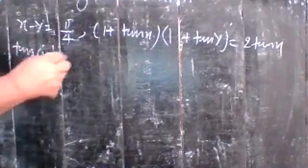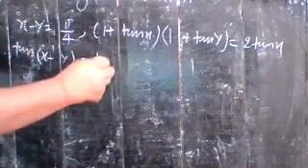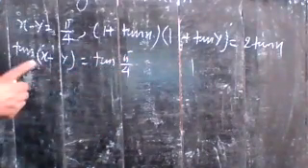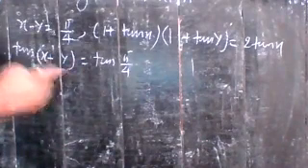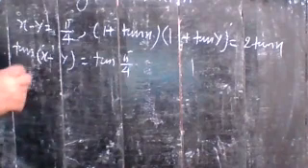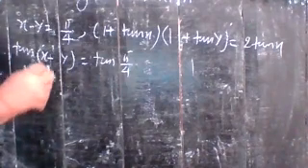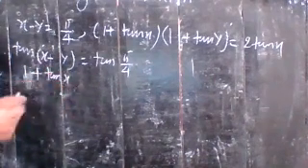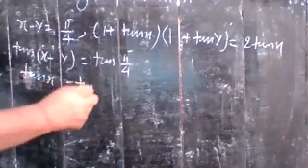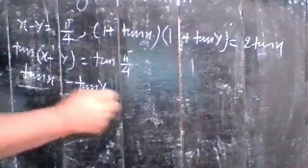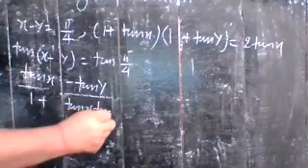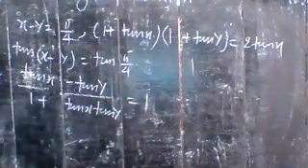So you have tan(x minus y) is equal to tan pi by 4. And on the left side, you apply the formula for tan(a minus b), meaning tan(x minus y). So the formula is tan x minus tan y upon 1 plus tan x tan y, is equal to 1. Tan pi by 4 is 1.